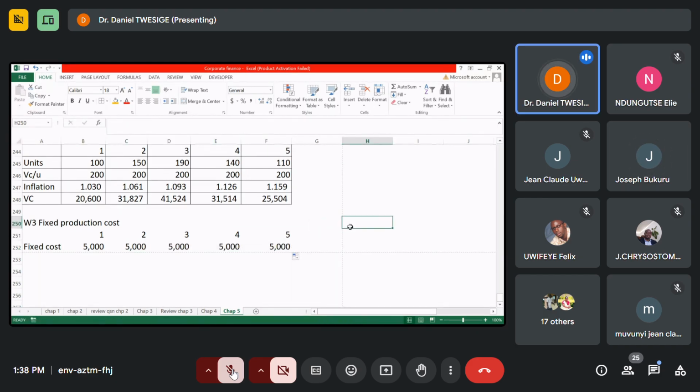These are fixed production costs, and they are relevant. So this is the inflation. It is the same.